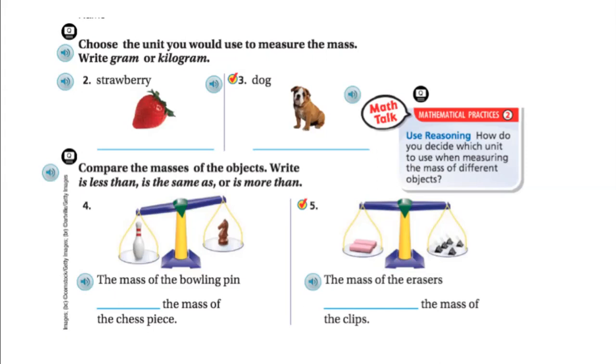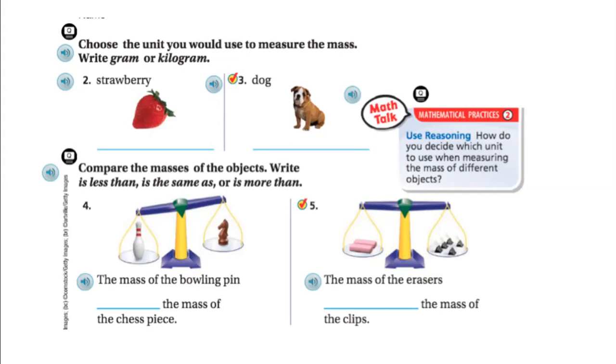Choose the unit you would use to measure the mass. Write gram or kilogram. Number 2 is a strawberry. I'll give you some think time. Remember, a gram is about the size of a small paper clip and a kilogram is about the size of a textbook.